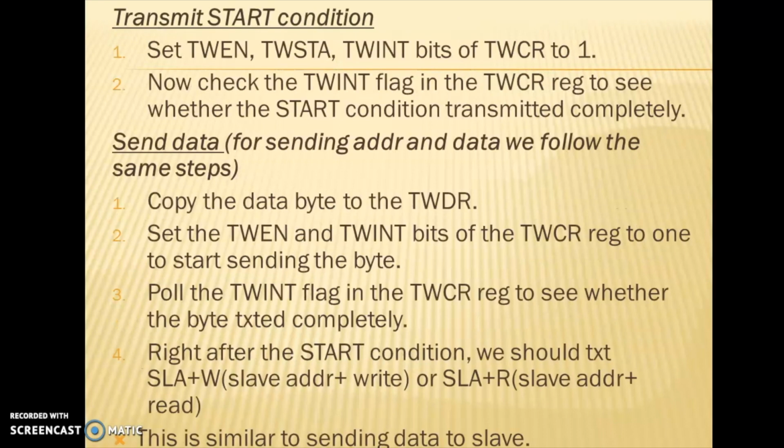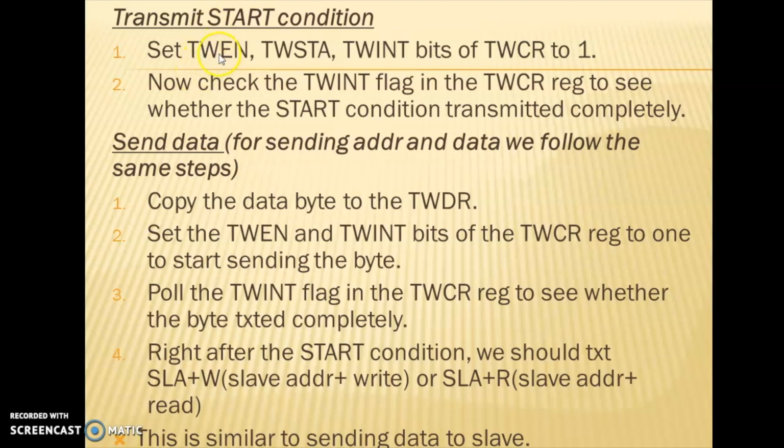Next we go to transmission of start condition bit. For that, the first step is to set the TWEN, TWSTA, TWINT bits of TWCR to 1. So EN is the enable bit, STA is the start bit, and TWINT bit, we write a 1 to this bit to make it clear.